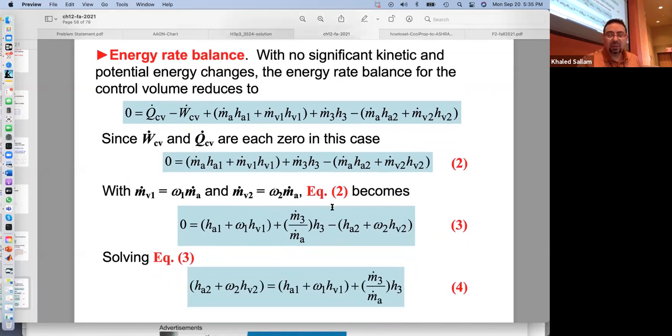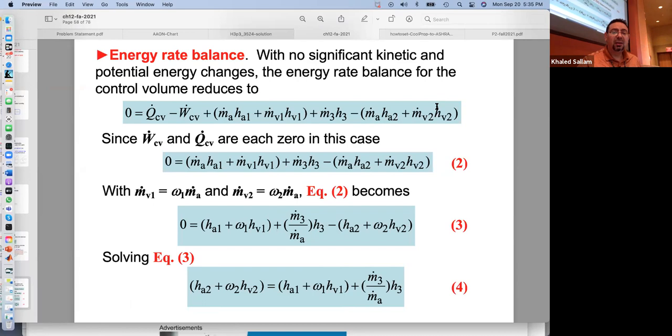So basically he's saying that what's coming equals what's leaving. All right? And what's coming? M dot 3 H3 and m dot air H air, and m dot vapor H vapor, or what I would call here simply m dot air multiplied by H total 1. And what's leaving? M dot air times H total 2. H total, the whole mixture per kilogram dry air.